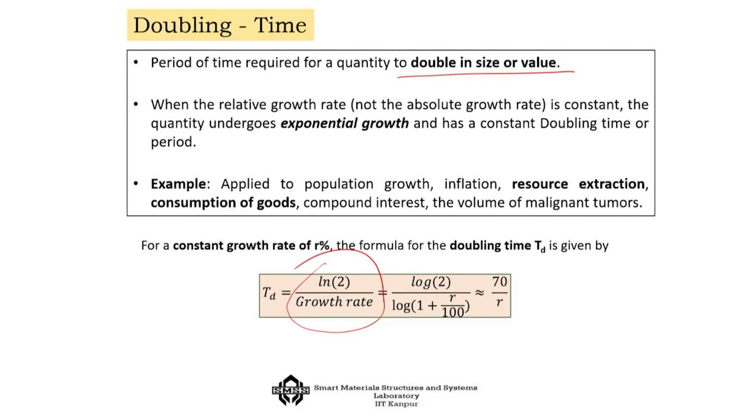So, that gives us an idea about the doubling time of the material. It is approximately 70 over r, where r is the growth rate. If I know the growth rate, if it is very high, then the doubling time is very small. If the growth rate is low, the doubling time is large. So, you have to check the doubling time before selecting the material.